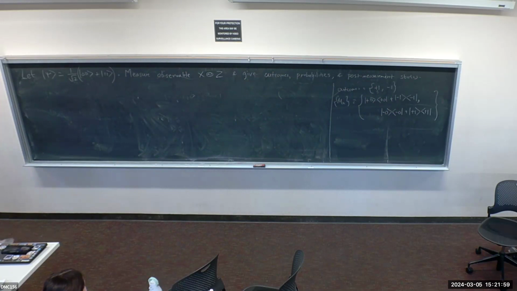Okay, I will do the calculation of the probability and the post measurement state for the outcome +1, and then you guys try doing -1 on your own and see if you are able to do the algebra.